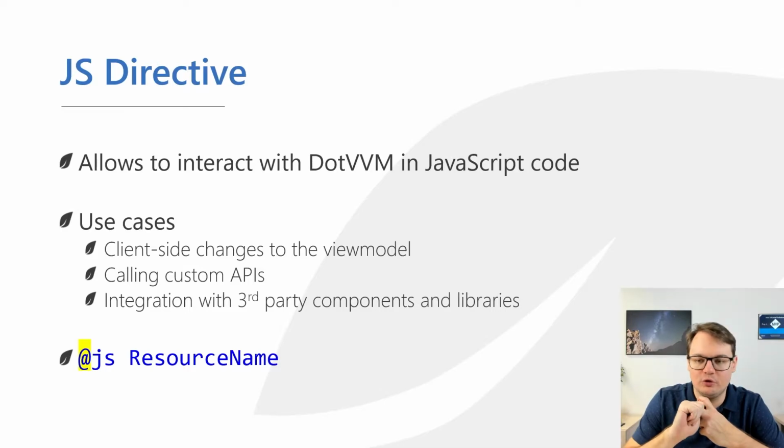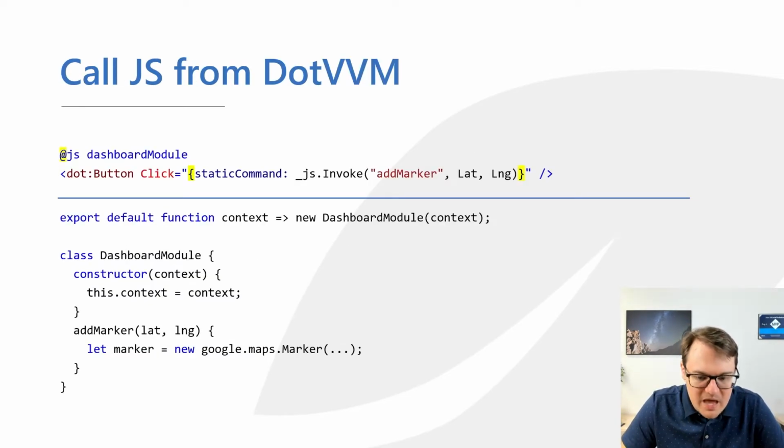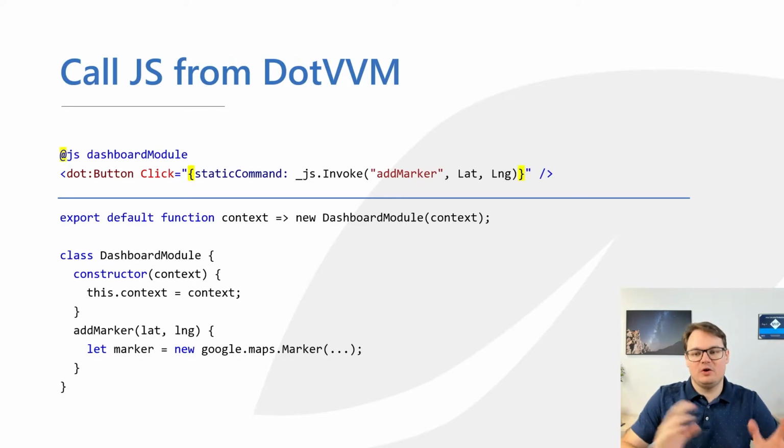Or you just want to use some third-party library or control. The first thing you need to do is to import this JS module by using the @JS directive at the top of the page. That's what gave the name to this feature. And once you do it, you will be able to interact between those two parts.